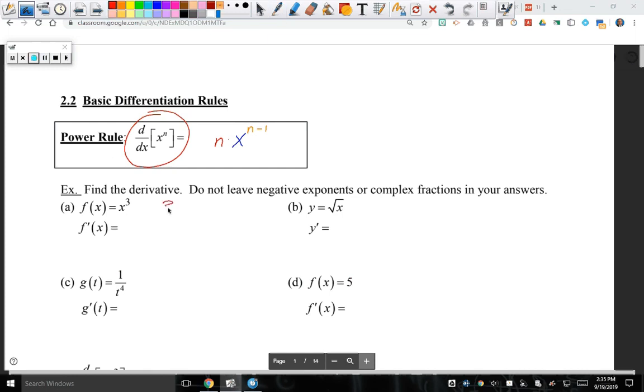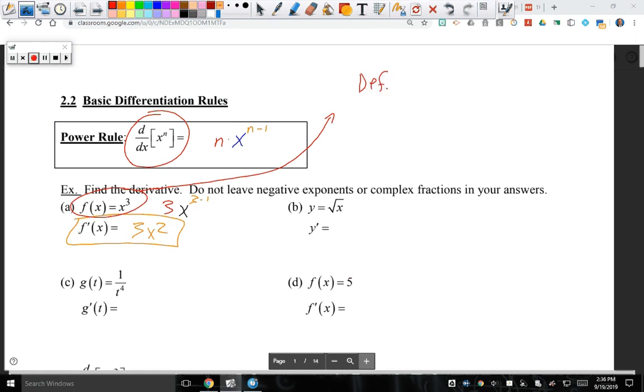So that means it will be 3 times x to the n minus 1, otherwise 3 minus 1, so that it becomes 3x squared. This is the derivative shortcut just to get to the derivative function like that. Okay? Real quick, I'm not going to show all the work, but the setup would be the definition of the derivative.